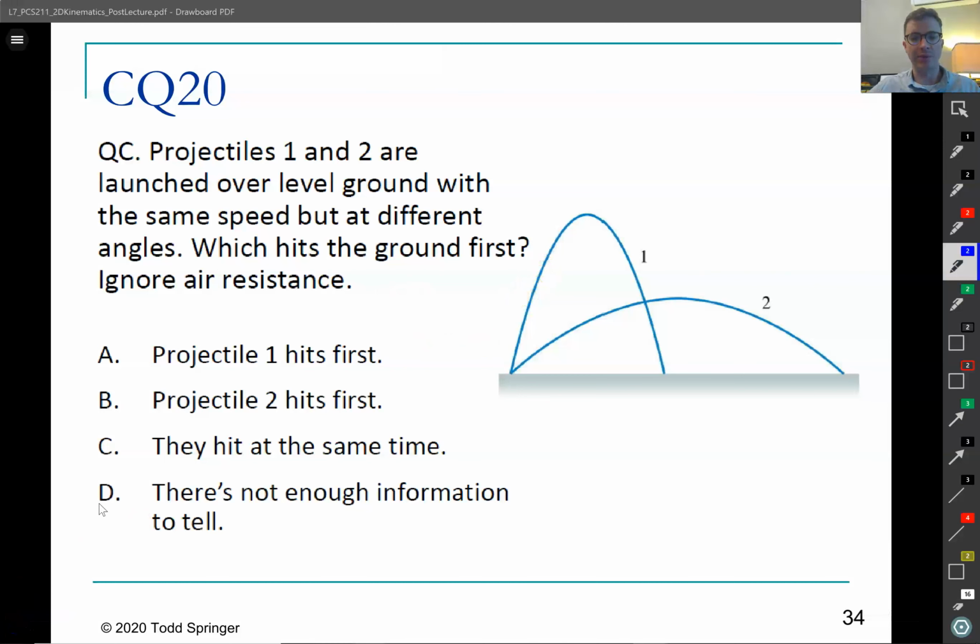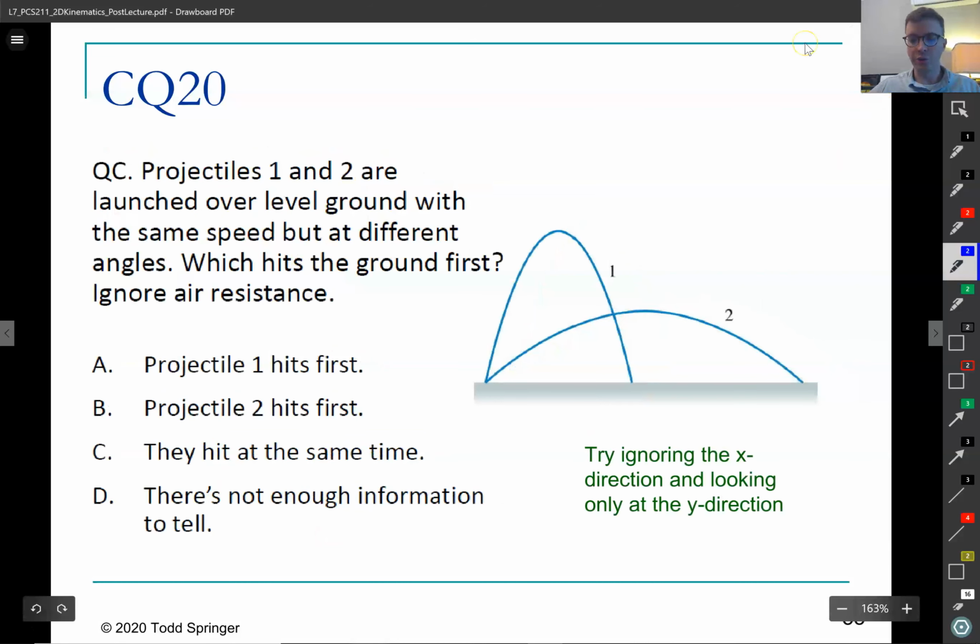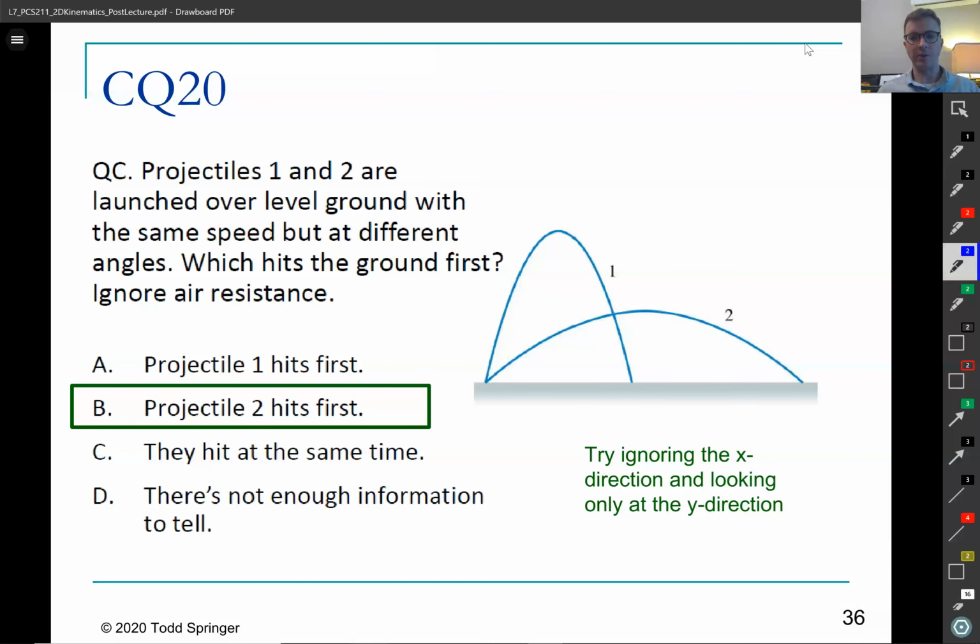Okay, so hopefully you have chosen one of these answers and you have committed to it. The answer is that the first one to hit the ground is projectile 2. And the reason is you have to ignore what's going on in the x direction. Remember, the x direction is independent of the y direction. What controls how long the thing stays in the air is how fast it's thrown in the y direction. In other words, if I look at just the projection of this onto the y-axis, I would see that ball 1 is launched up.